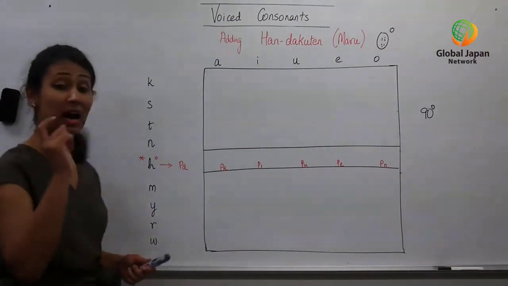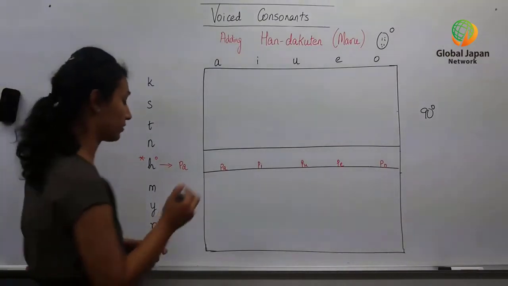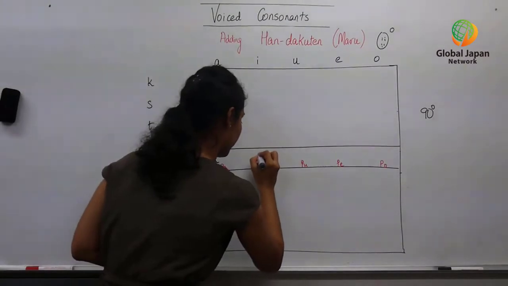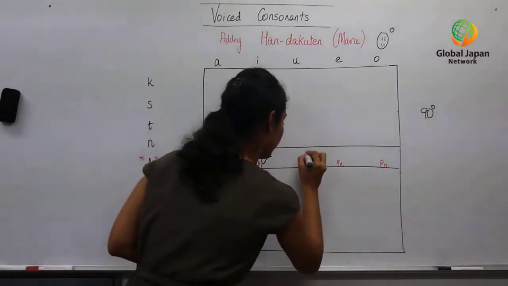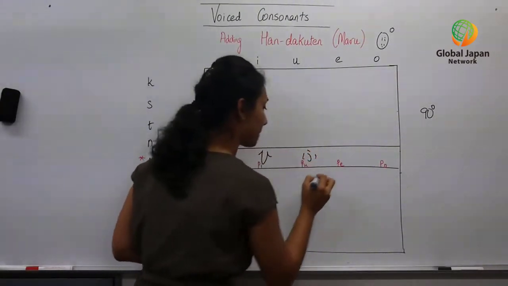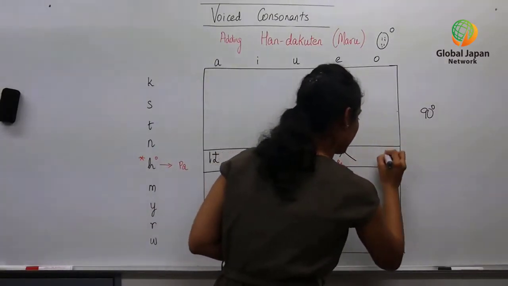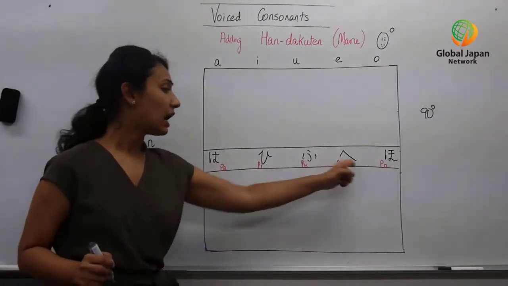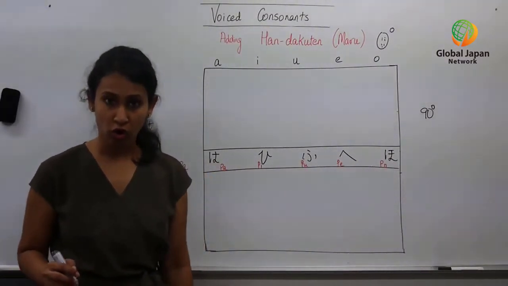Recall back the ha line characters. This is the ha, hi, fu, he, ho.